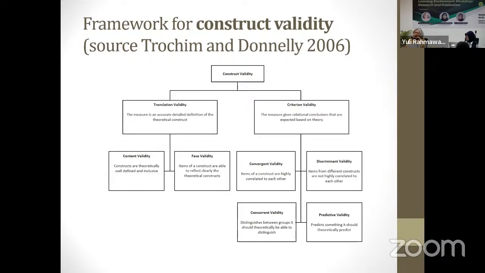For criterion validity, we do convergent, discriminant, concurrent, and predictive validity, which are all statistical procedures. We haven't gone into that today, but once you develop expertise with the basic analysis, you can do that. Maybe in the next workshop we can do that, or you can play around with it and tell me what you have found.